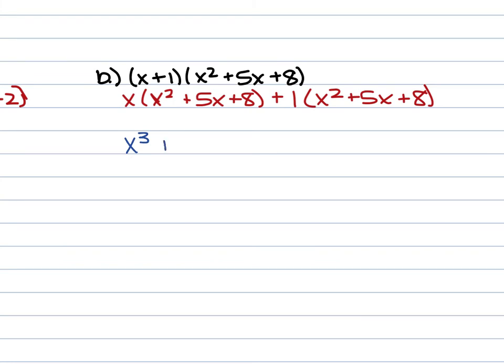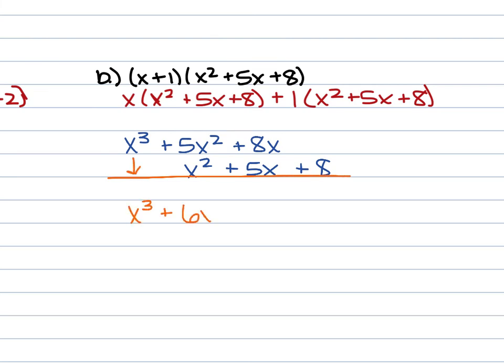X times 5x is 5x squared. X times 8 is 8x. The 1 distributed in is going to give us x squared plus 5x plus 8. We combine like terms or just add, so x cubed plus 6x squared plus 13x plus 8 is our answer.